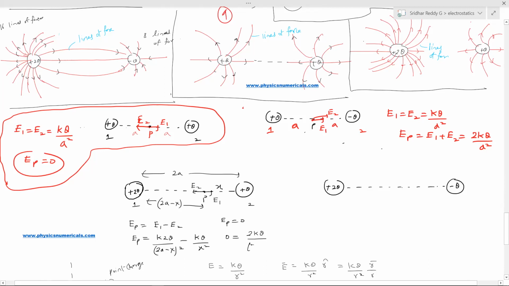2kq by 2a minus x whole square equals kq by x square. So kq gets cancelled. So 2x square is equal to 2a minus x whole square.